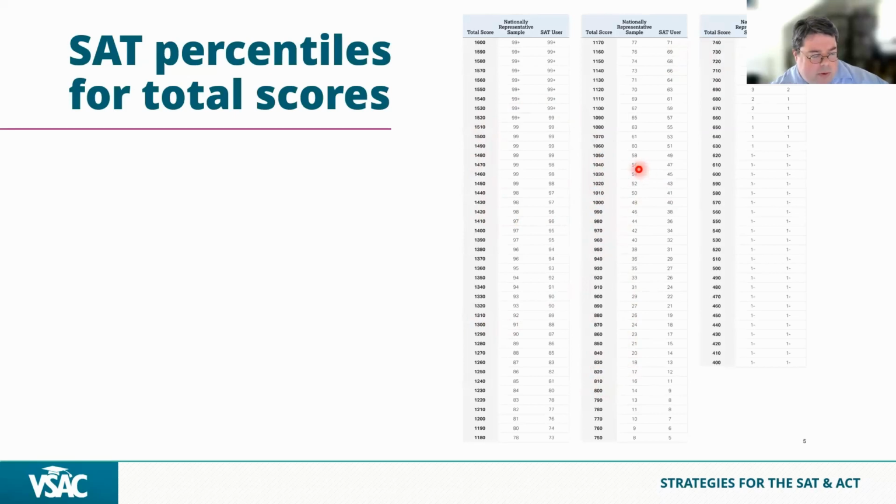I want to point out the SAT reports a nationally representative sample and SAT users. The idea is they're trying to tell colleges how to look at these scores for students in general and the specific students who select to take the SAT.